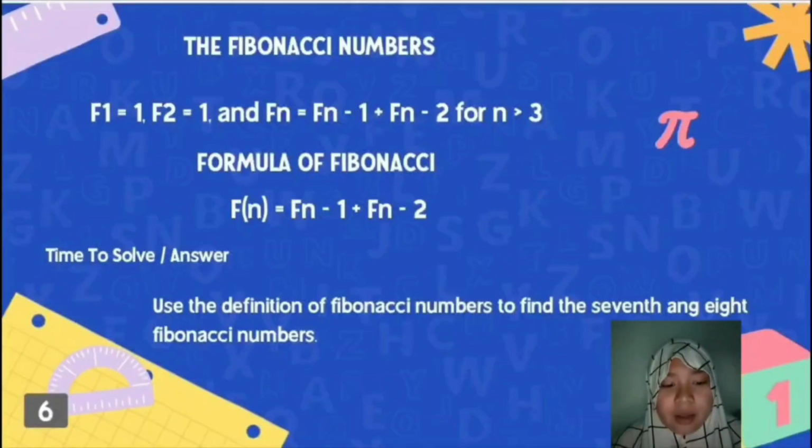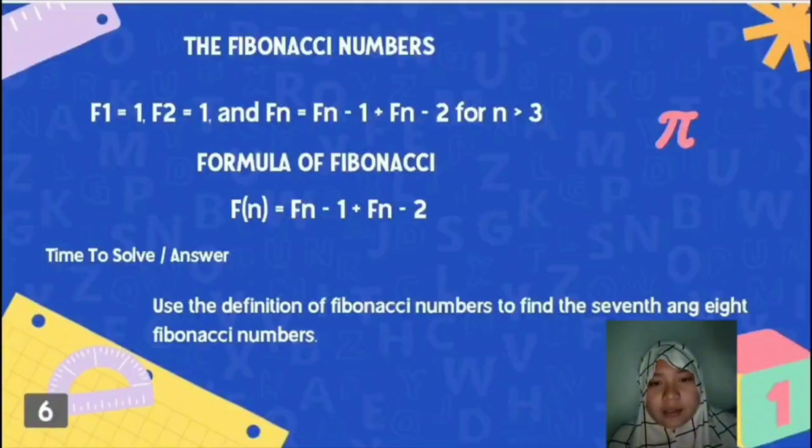So here we have, sa baba niya pa, the formula of Fibonacci. We have Fn equals Fn minus 1 plus Fn minus 2. Here, some examples kung paano natin makuha ang Fibonacci numbers. Okay?